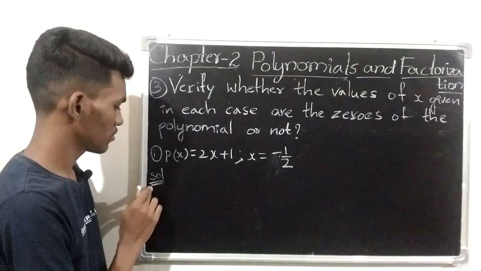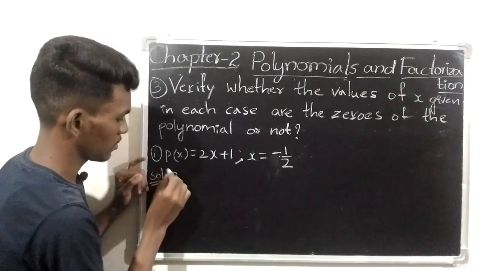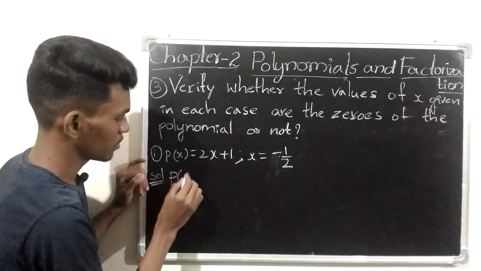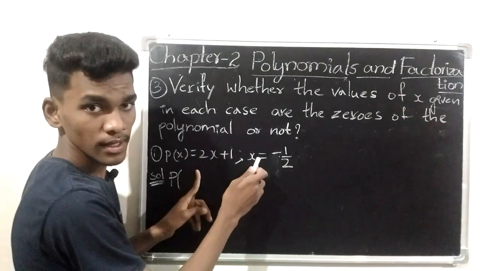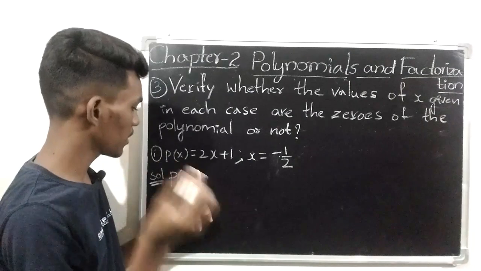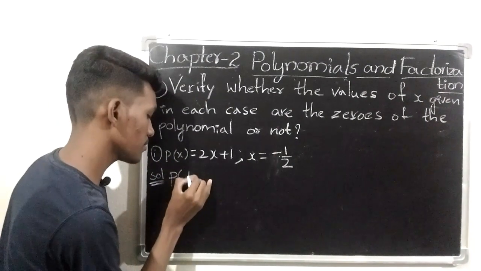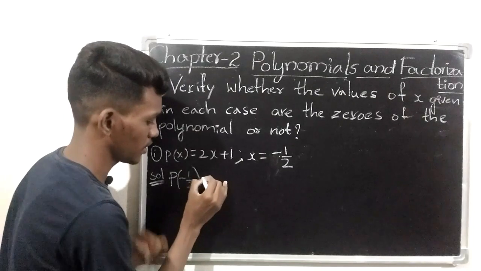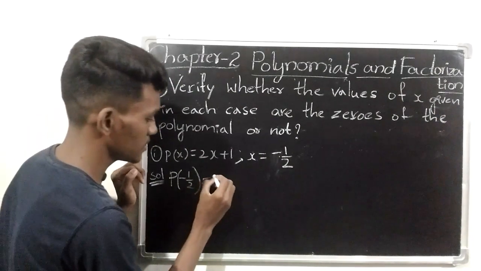Going to solve p right as it is. In the question they given x is equals to minus 1 by 2, so in the place of x we have to substitute minus 1 by 2. So we have to write here p of minus 1 by 2 equal to 2, right as it is.